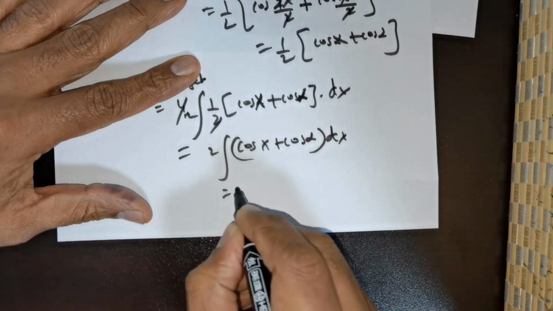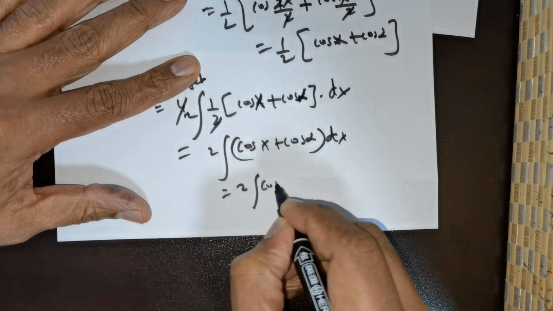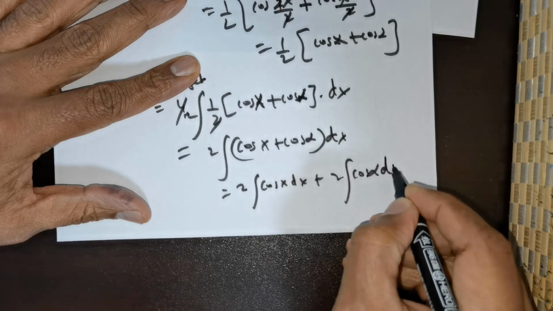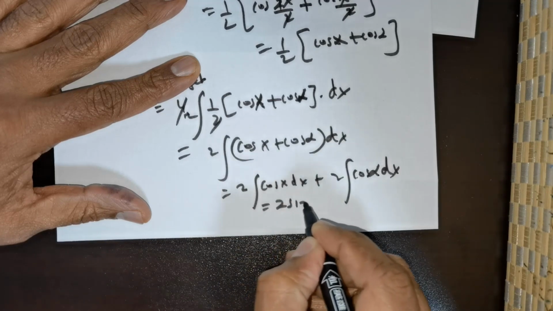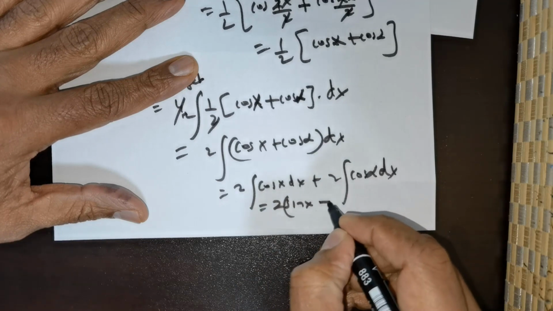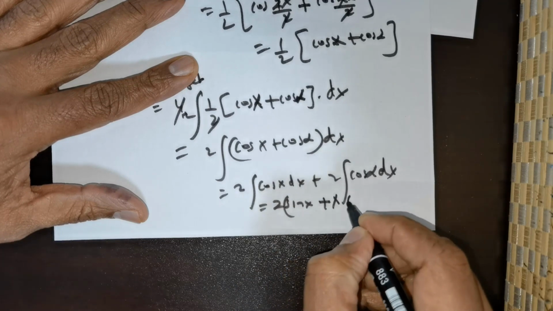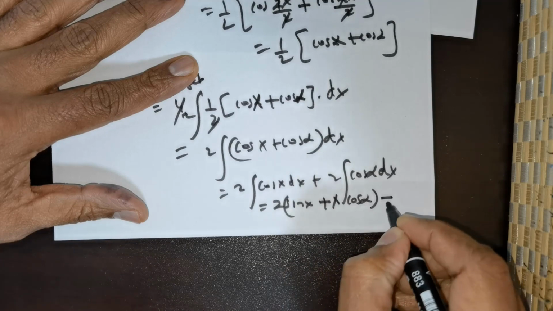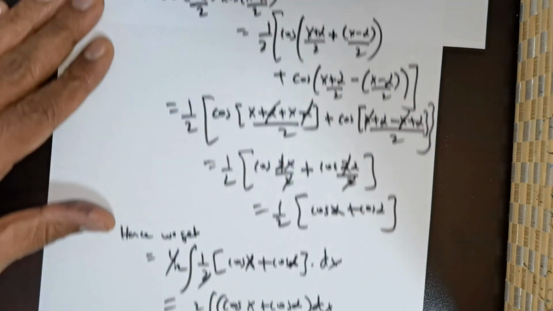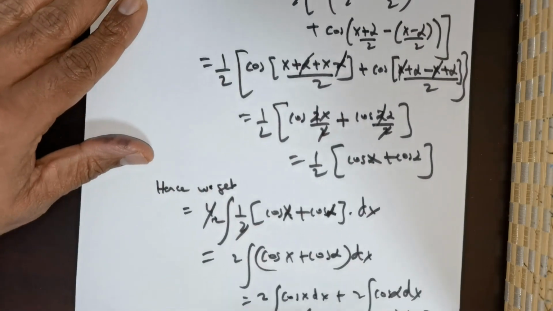You distribute it, you get 2 times cos x dx plus 2 times cos alpha dx. You integrate this, you get sin x, and you integrate this, you get x times cos alpha plus arbitrary constant c. So this is a lovely question and a lovely solution. So we move on.